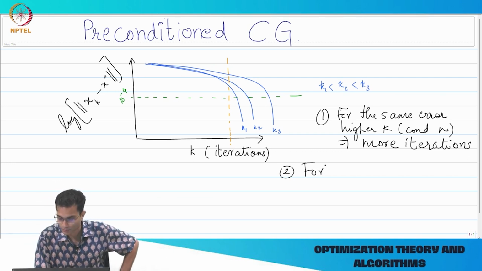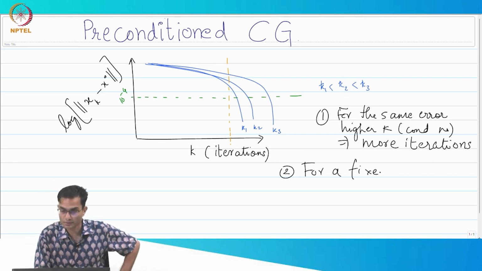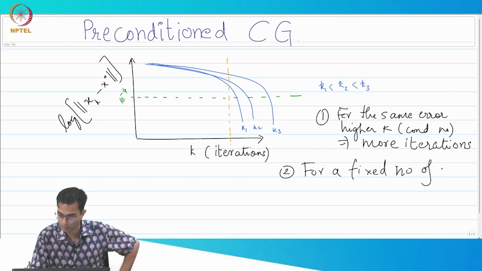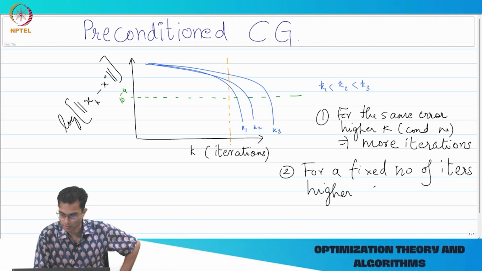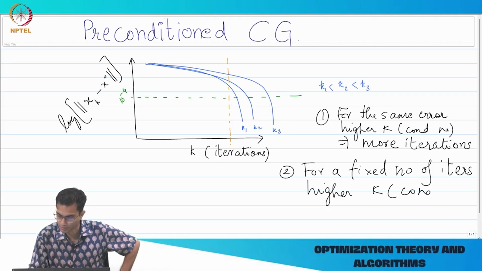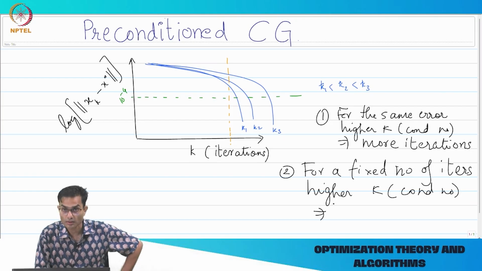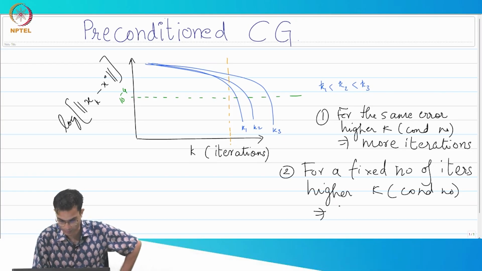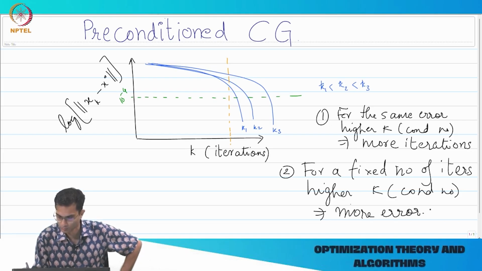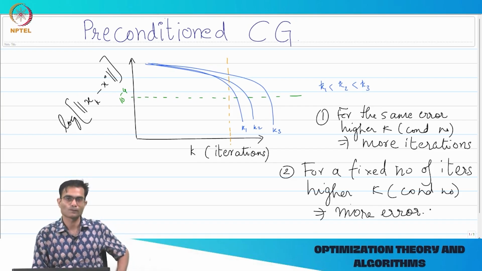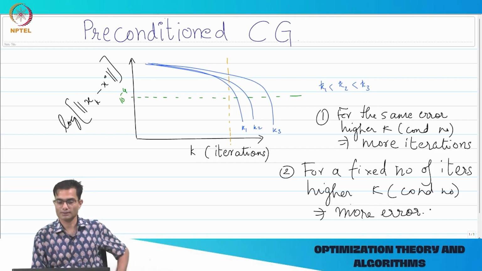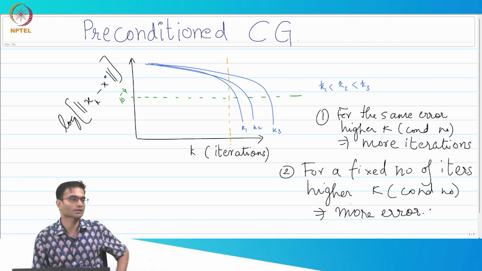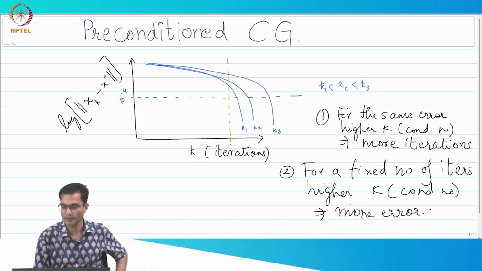So for a fixed number of iterations, higher kappa, which is condition number, implies more error. Those are the two very basic observations that I can make by looking at this graph.